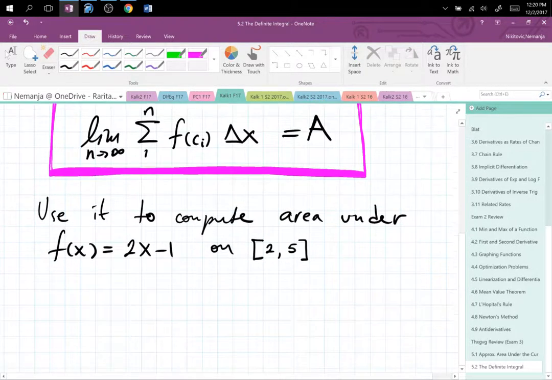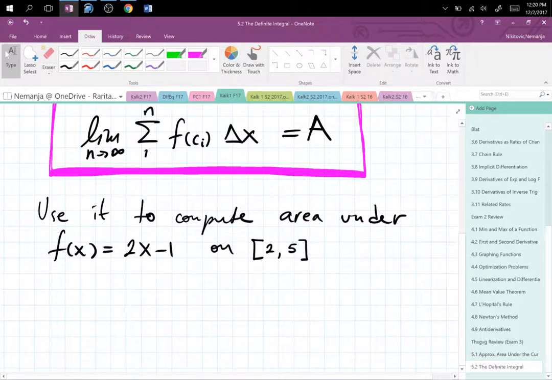I'm not giving you n equals 5, n equals 8, or anything like that, because we are to use infinitely many of these now. All right? Well, we'll have to think a little bit to get these.